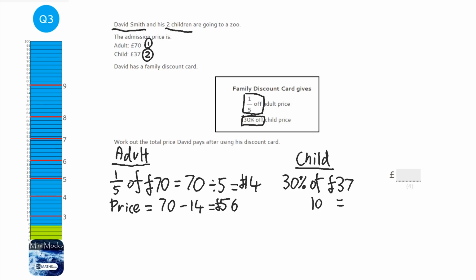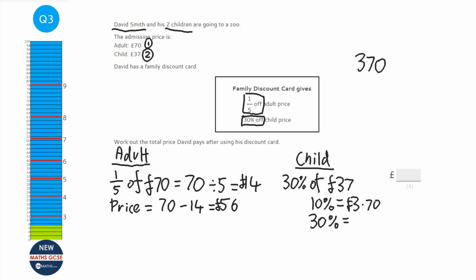Well, I know that 10% is going to be £3.70, and then I need to times that by 3. I could do it in pence, 370, and then just times that by 3. So I can do a little grid.